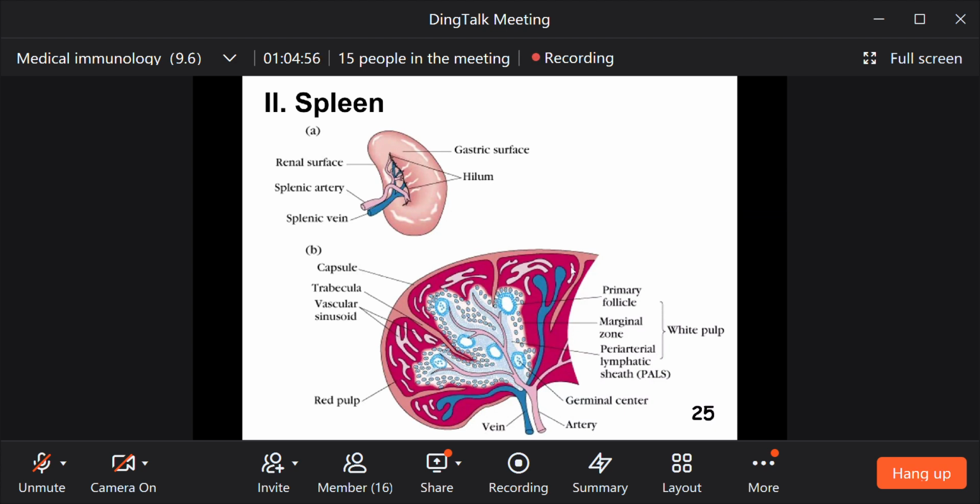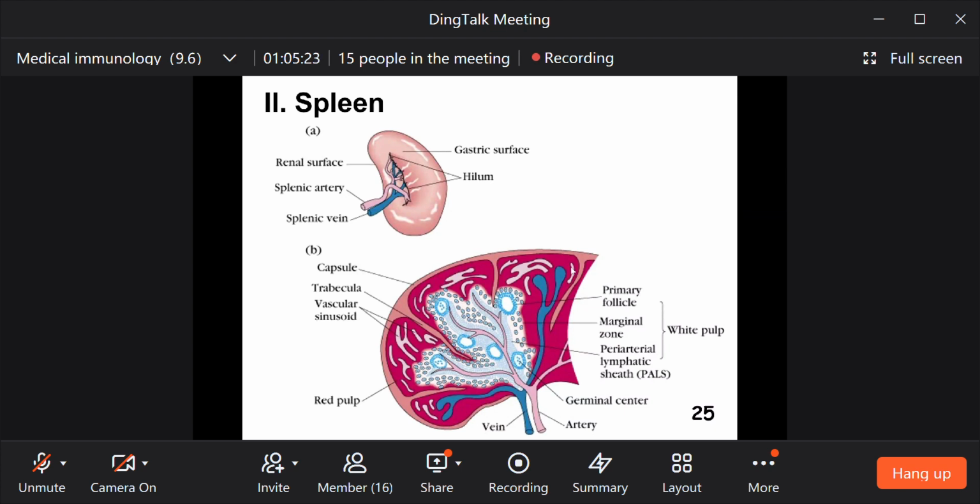So the red part is named red pulp, and the middle of the organ is named white pulp. The white pulp is basically areas of lymphoid tissue in the middle of the spleen.